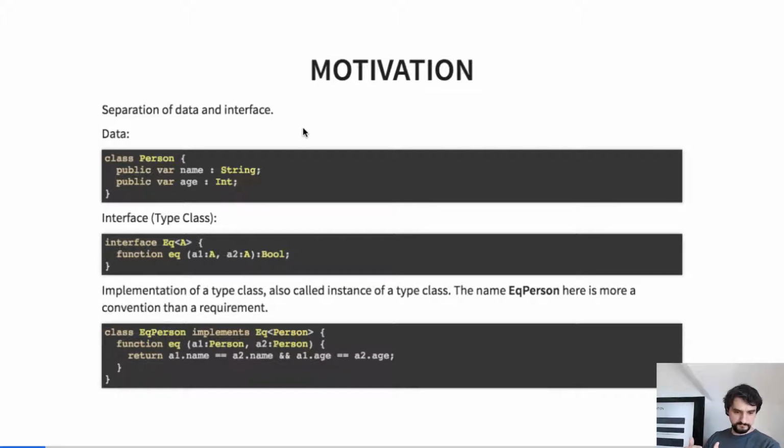And the third thing here is the actual implementation of that interface for the given data type, person in this case. Is that understandable?